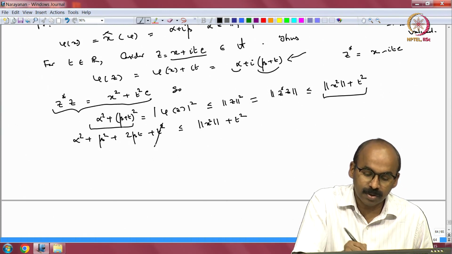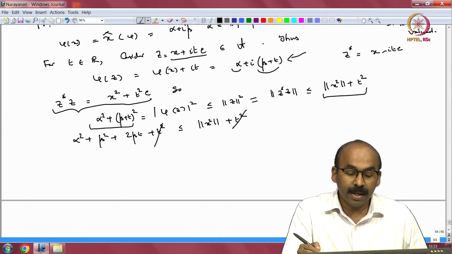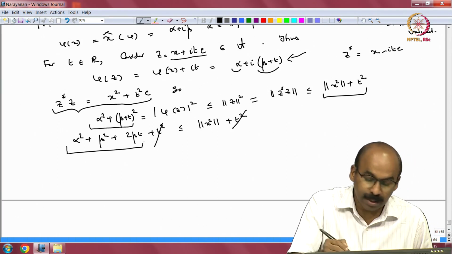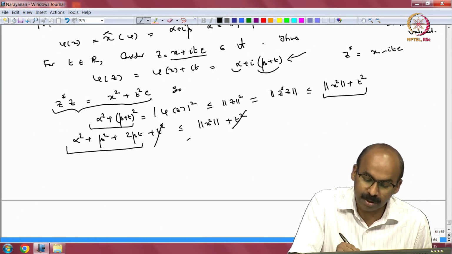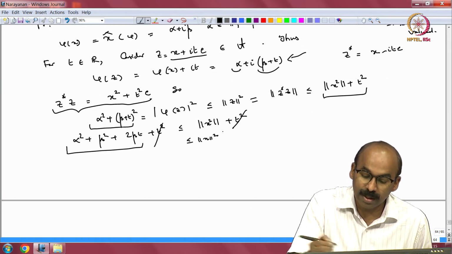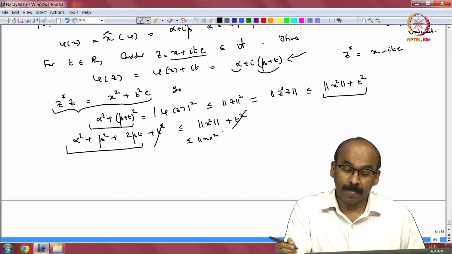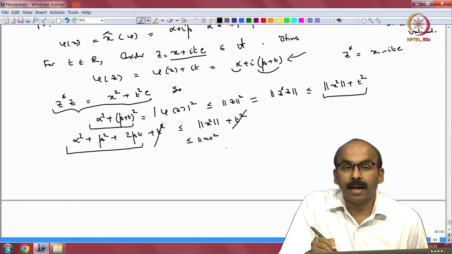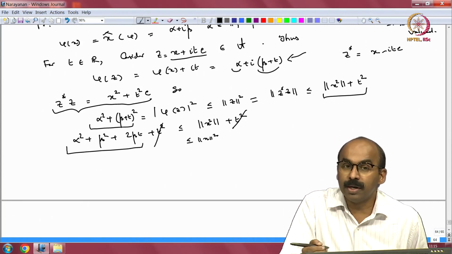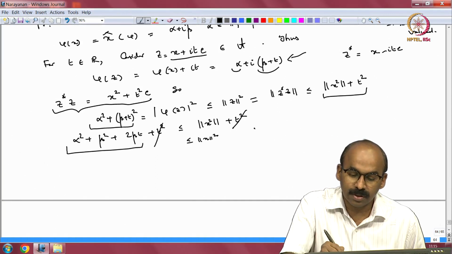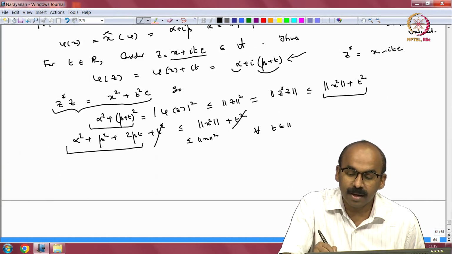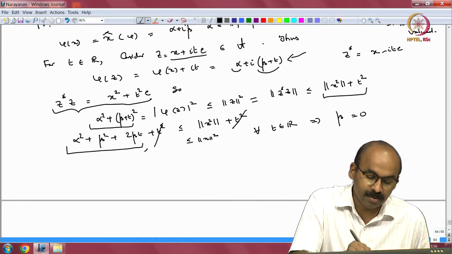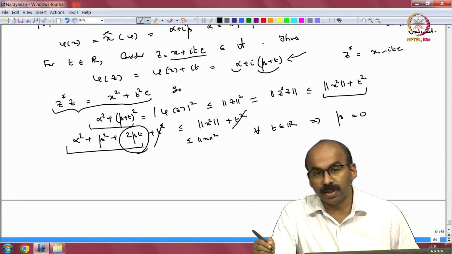So, the t square gets cancelled and I am getting alpha square plus beta square plus 2 beta t less than or equal to norm x square, by the Banach algebra property. The right hand side is independent of t, and I want this inequality to be true for all t in the real line. This implies that beta is 0, otherwise it will not work.